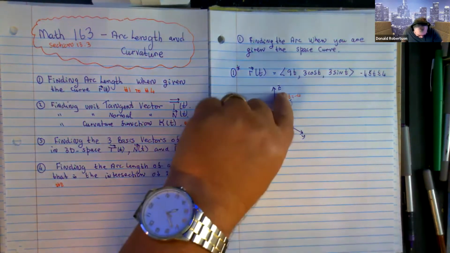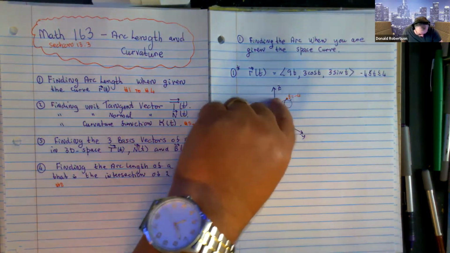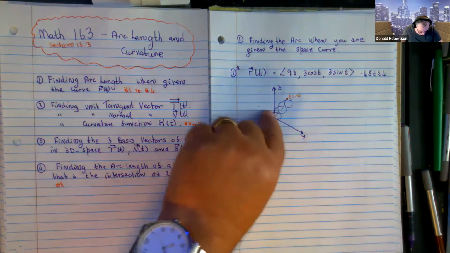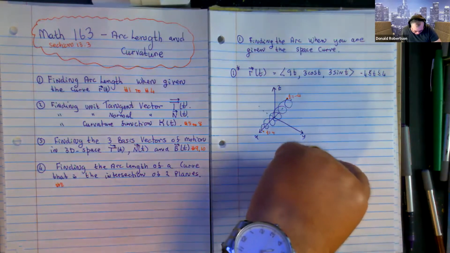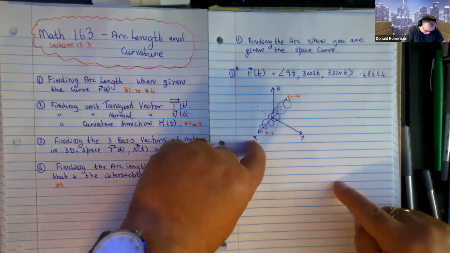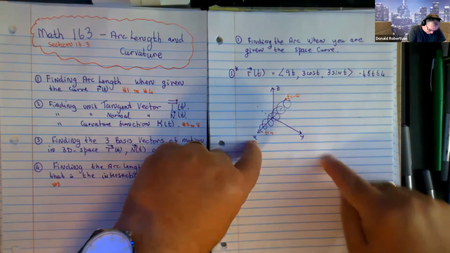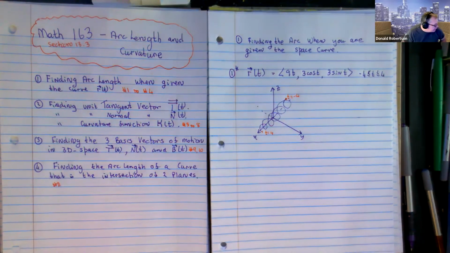And we're basically trying to imagine what would be the distance that you would travel going around this spiral. So an arc length is, as its name implies, the length of an arc. So you've got a space curve starting here, and it travels to here, and you're trying to find the length of that bent curve.